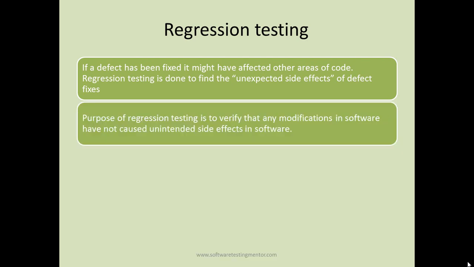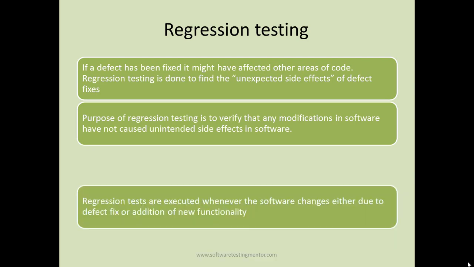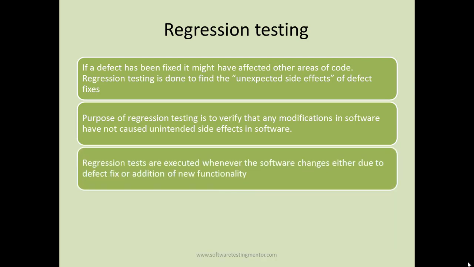The purpose of regression testing is to verify that any modifications in the software have not caused unintended side effects in the software. So the main purpose of regression testing is to verify that there are no unintended side effects being introduced by the defect fixes. Regression tests are executed whenever the software changes, either due to a defect fix or addition of new functionality.